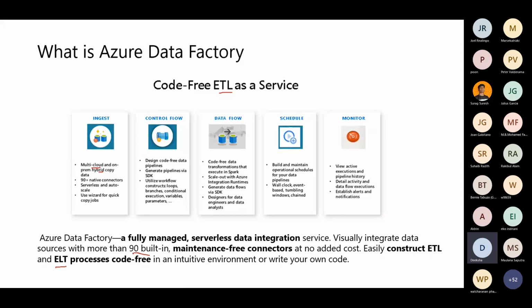We have built-in 90 plus connectors available in ADF, where you just need to choose what will be my source, what will be my destination, and then simply map it and load your data. You do not need to attach any server over here. No server attachment needed. It's a quick wizard, more UI based, where you put in the configuration and use it as per that.